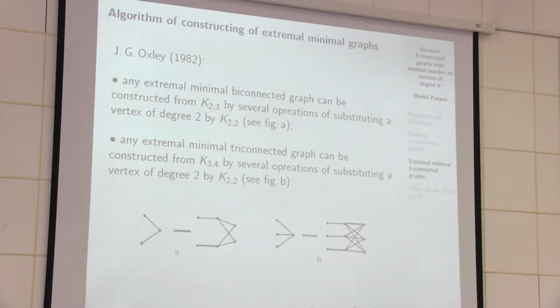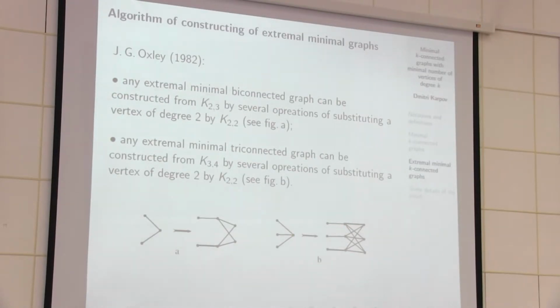We take a vertex of degree 2 and substitute it by a complete bipartite graph K_{2,2}, which is joined to the neighborhood of the substituted vertex by one partition. And the analogous construction is valid for k equal to 3, where we substitute a vertex of degree 3 by K_{3,3}.